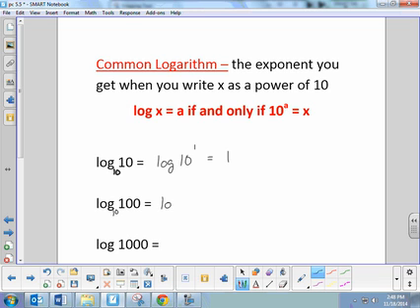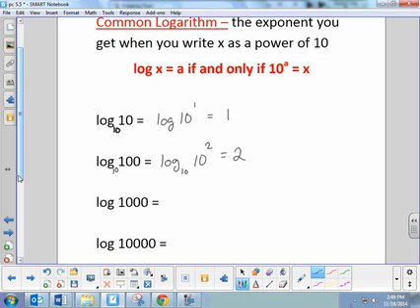So log base 10 of 100, and I'm going to rewrite 100 as 10 squared. That would be 2. I can rewrite this as the log of 10 cubed, because 1,000 is 10 cubed. The logarithm there would be 3.